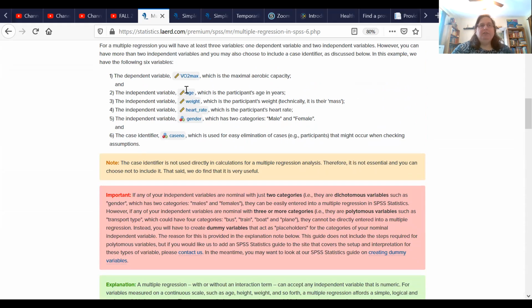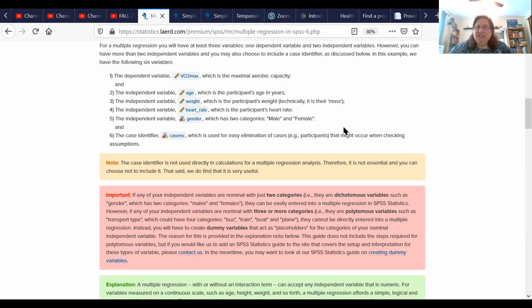I'm just going to point out, this is kind of important, that VO2 max, age, weight, and heart rate are all scale variables. They're all continuous. And I will go so far as to say they're all interval or ratio. Gender only has 2 categories here, male and female.